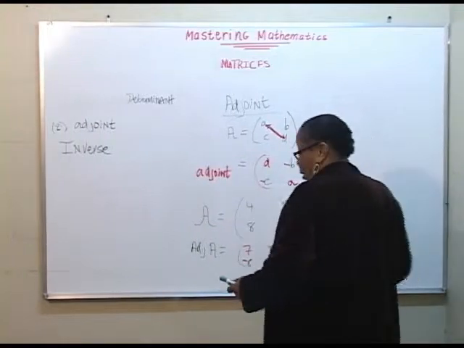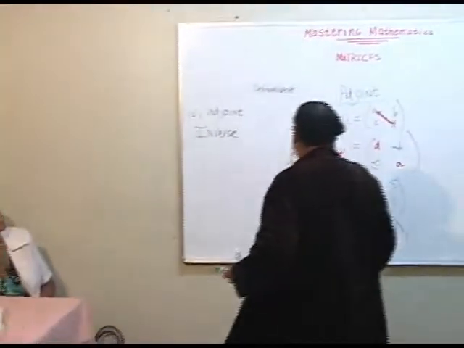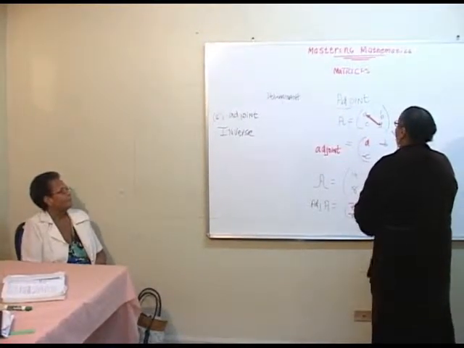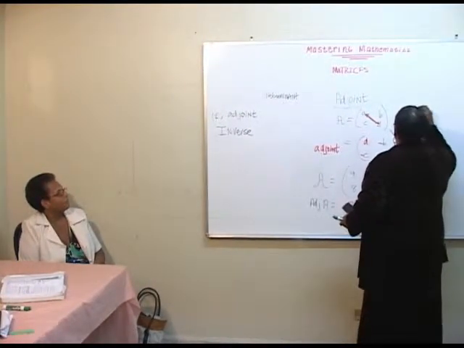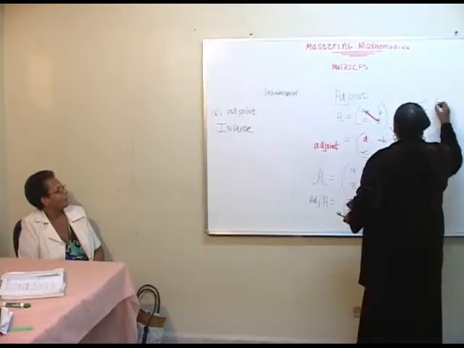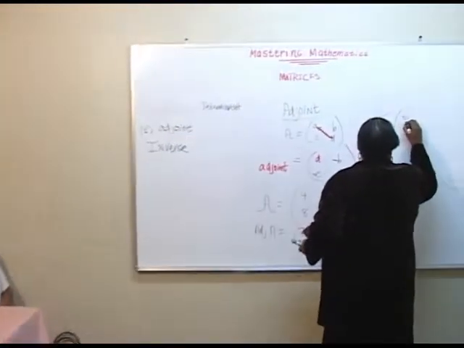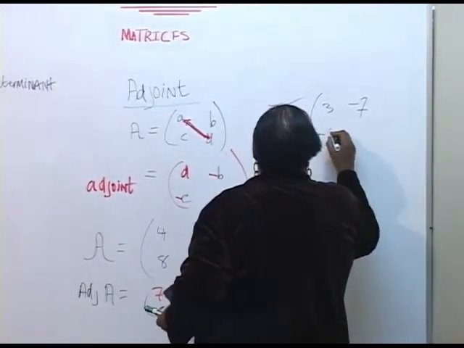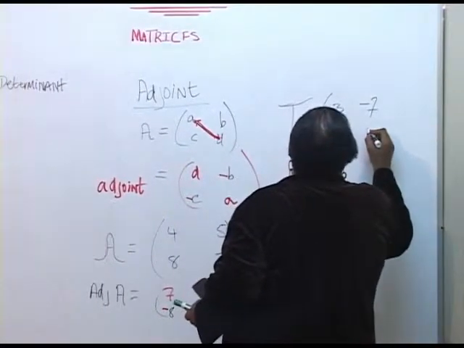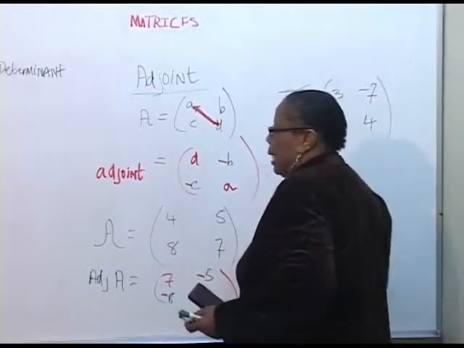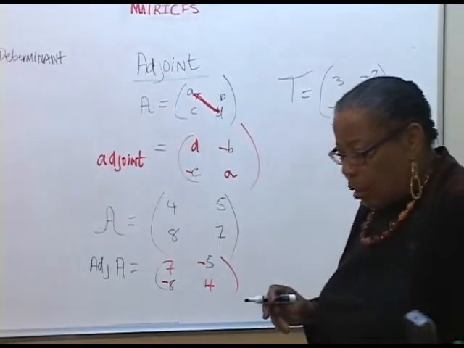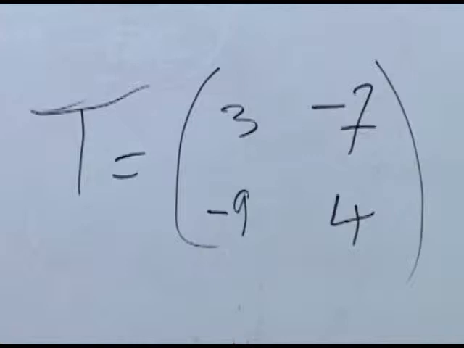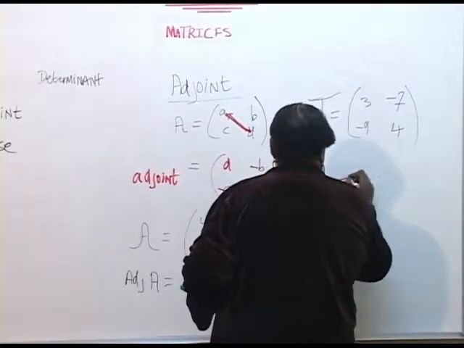So we did the first one, and this time we're going to call it T. T is equal to 3, -7, -9, and 4. Again, our first number is 3, and the last number is 4, and we want to find the adjoint of T.